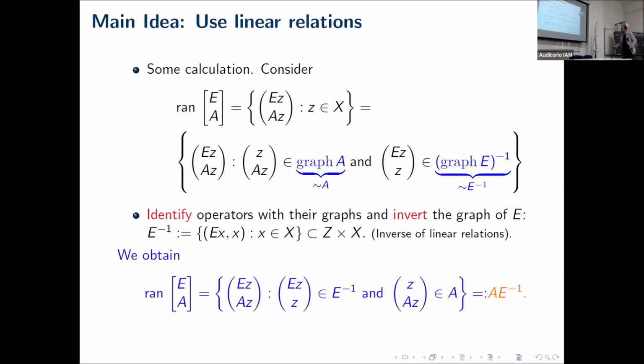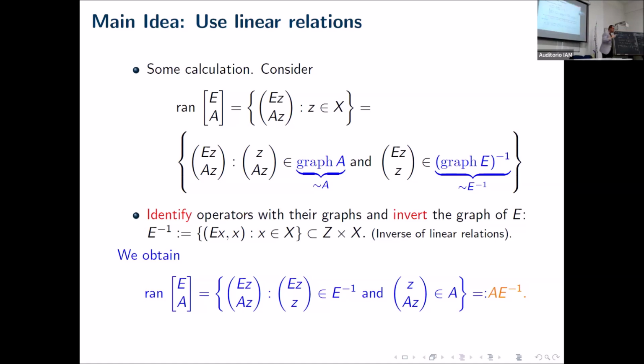And now you see this is identified. I think I was more correct. Identified, I just write A and not graph of A. And then precisely we get first E minus 1 and then A. This object in general makes no sense.